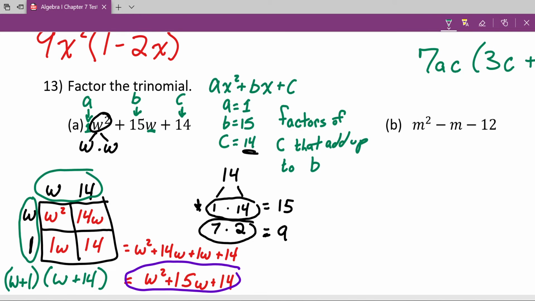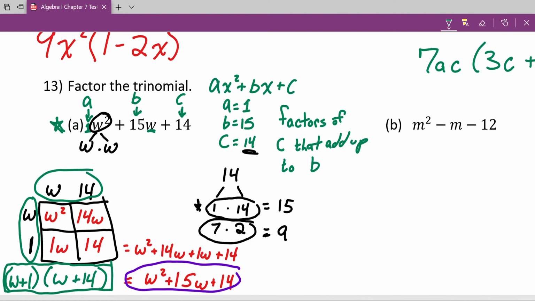So I know that w plus 1 times w plus 14 equals our original trinomial, which means that w plus 1 times w plus 14 is our answer. It is our factor. Now, why did I even do the box method? To simply check our work.